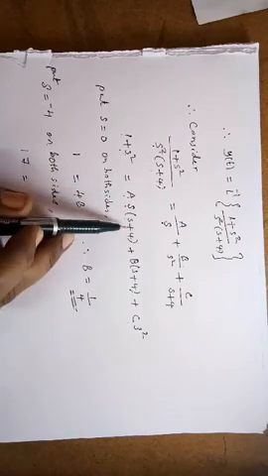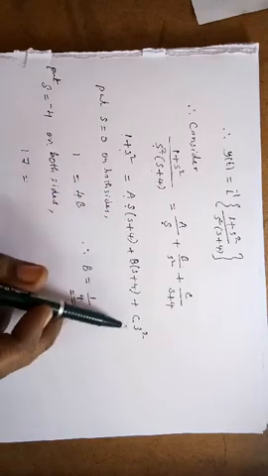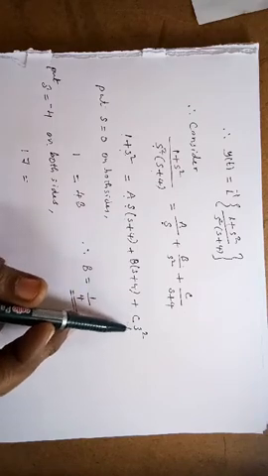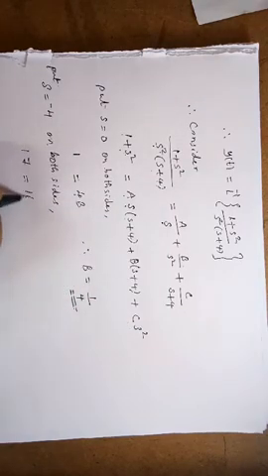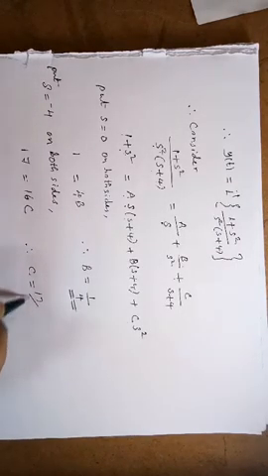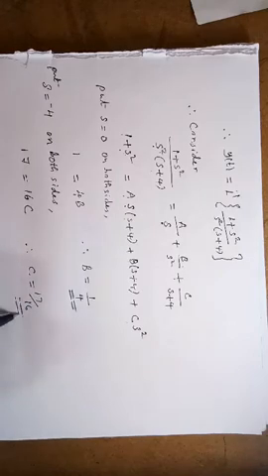When s is equal to minus 4, we get 16+1, that is 17, equal to, the terms containing s+4 will cancel, only cs² remains, which is 16c. Therefore c equals 17/16.